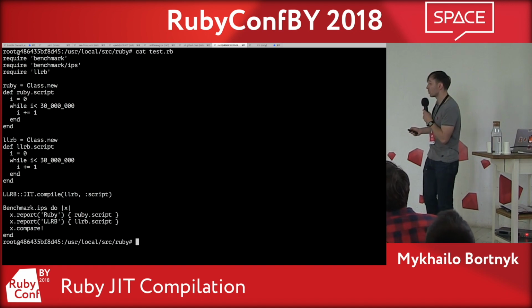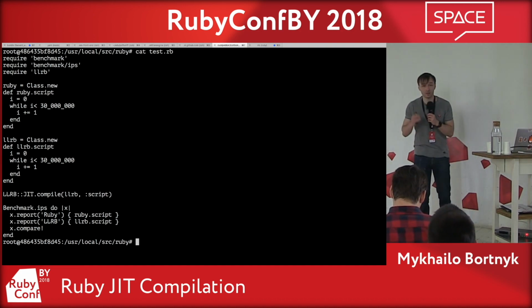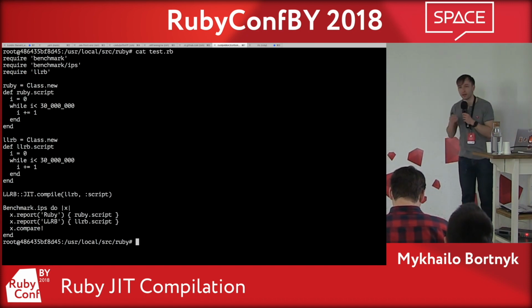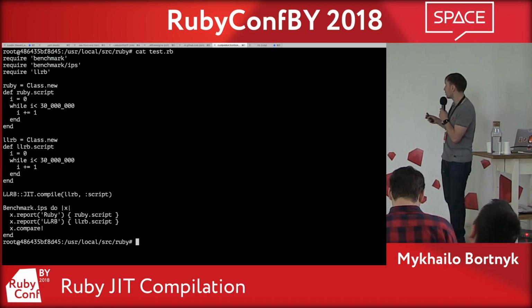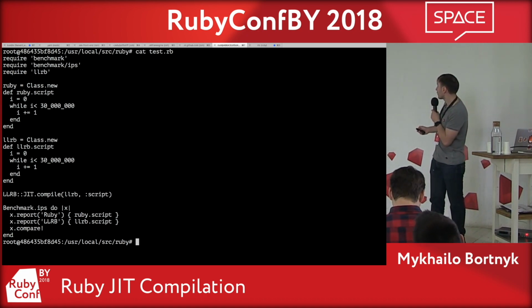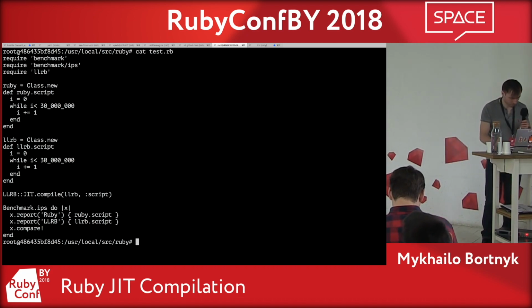When you need to optimize some code with LLRB, you call LLRB JIT compile, passing the class and the method in it. By the way, you can enable it globally with the instruction LLRB JIT enable. After that, we'll be able to compare.